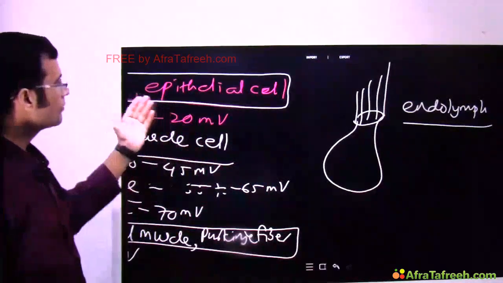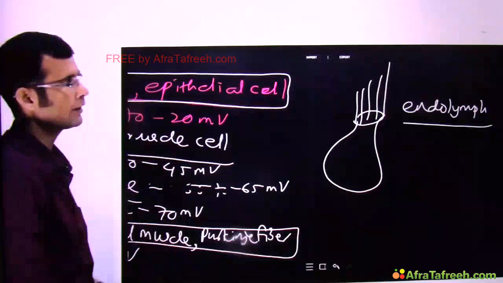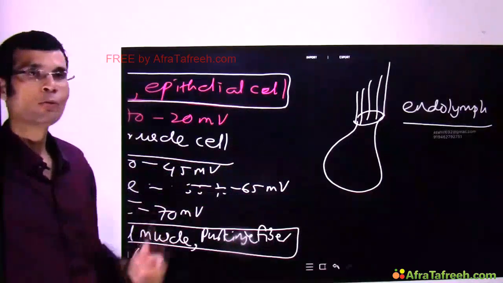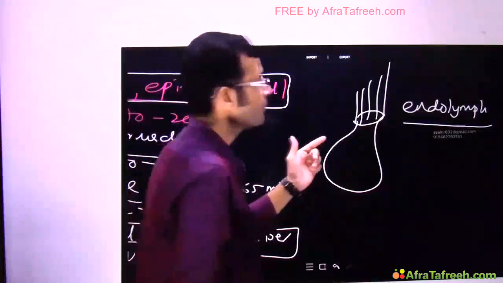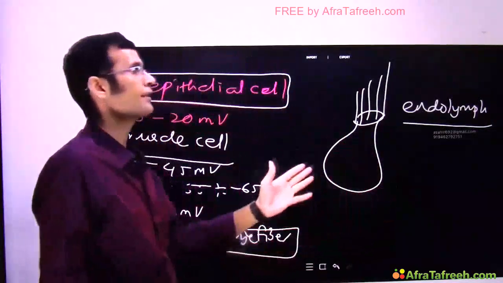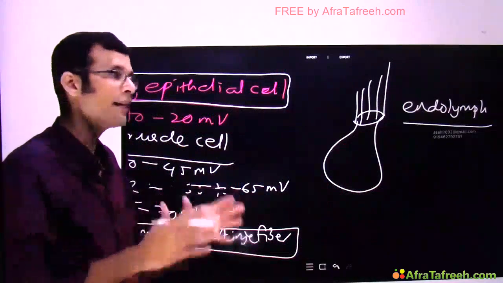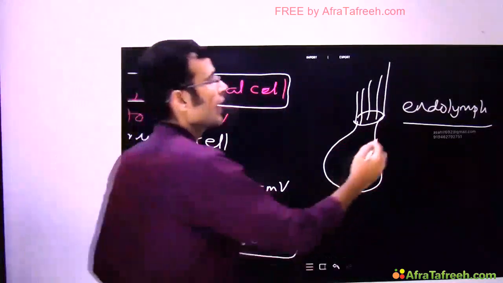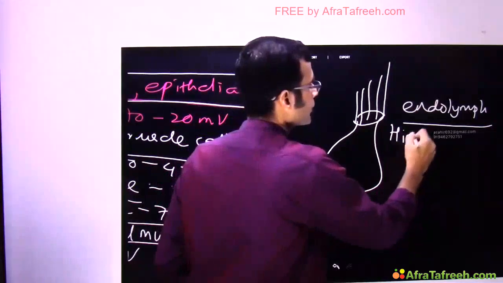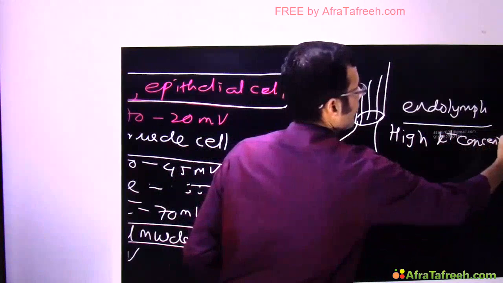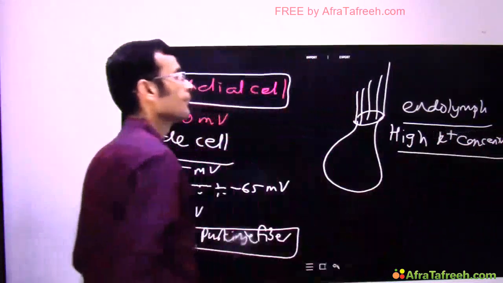But endolymph, although it is an extracellular fluid, more resembles ICF because it has a high potassium concentration.